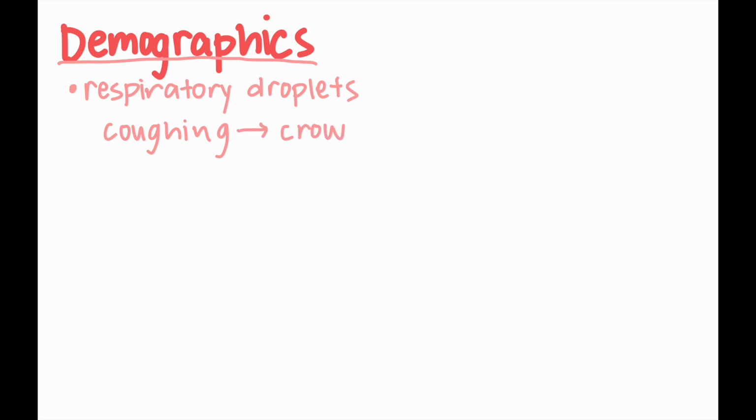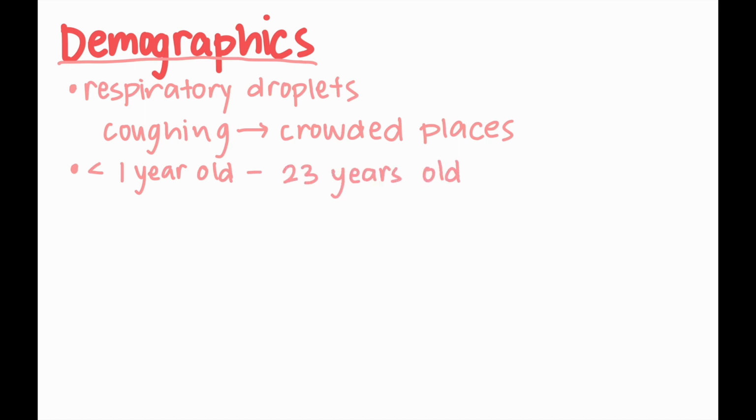What about the demographics of meningitis? First, it is important to note that meningitis spreads through respiratory droplets. For instance, if a person with meningitis were to cough in a crowded place, more people would be at risk for getting the disease. According to the CDC, the majority of meningitis patients are young people ranging from infants to young adults of age 23.